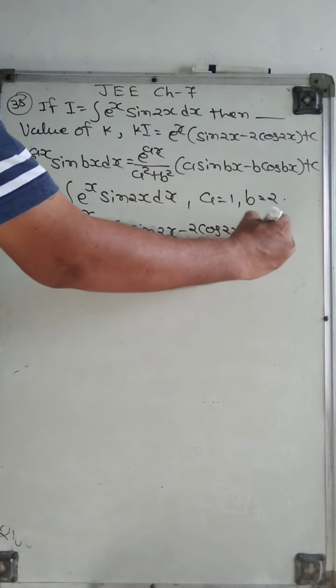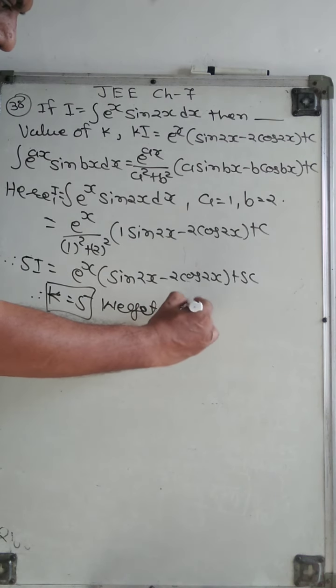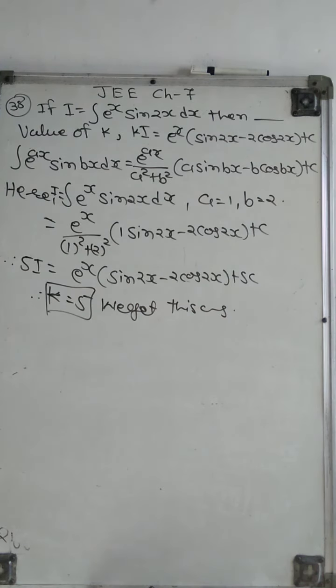So 5I is equal to e raised to x times sin 2x minus 2 cos 2x plus 5c, or it is c dash. So we can say that for the value of k equal to 5, the answer of kI is equal to e raised to x times sin 2x minus 2 cos 2x plus c. Therefore k is equal to 5. We get this answer. Right? So this way we can find our answer very easily.